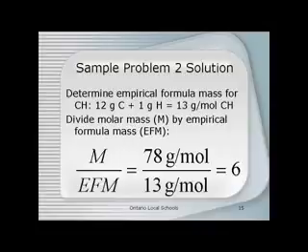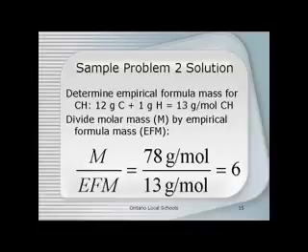So our molar mass divided by our empirical formula mass, 78 grams per mole divided by 13 grams per mole, gives us a value of 6. And that 6 is the ratio of the molar mass to the empirical formula mass.